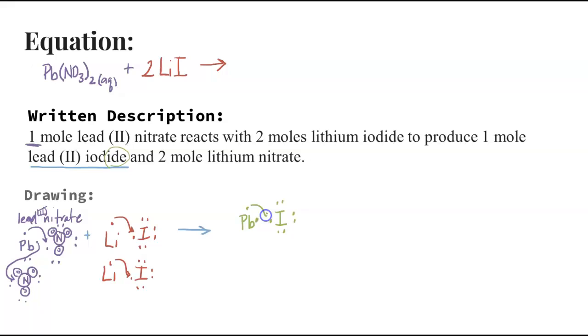Well, that means that the lead can get rid of one of its electrons, but it still wants to get rid of the other one.